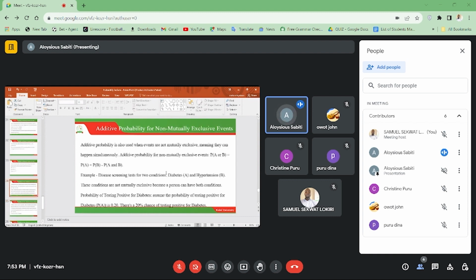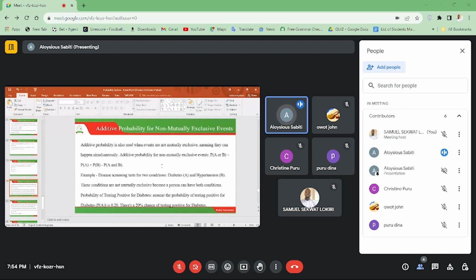So having looked at mutually exclusive, we similarly again look at what we call the additive probability for non-mutually exclusive, meaning an opposite of mutually exclusive.